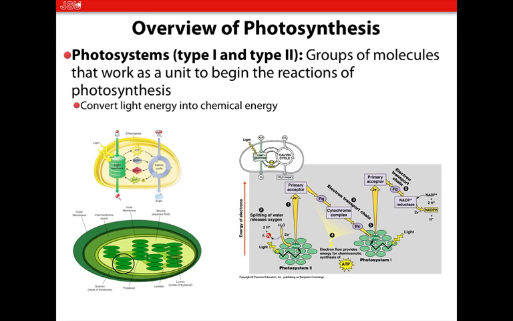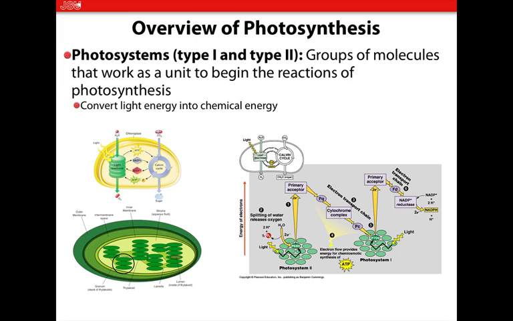Be aware that the first photosystem is photosystem 2, the second photosystem is photosystem 1. These contain pigments that will absorb light energy. Now there are multiple pigments, multiple antennae, if you will, inside each photosystem, but they direct all of their energy to just a few of the pigment centers.